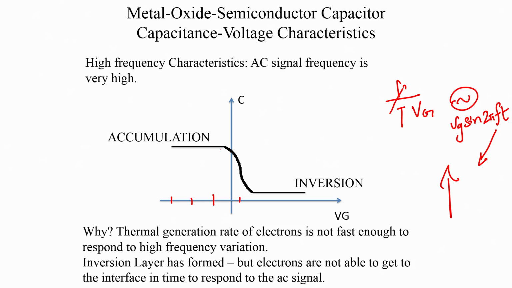When the MOS is in accumulation mode, the holes have to respond to this high frequency AC signal, and there are plenty of holes, abundantly available, and there is a band bending which encourages holes to appear at the interface, and the holes easily respond to this charge. So, the accumulation mode capacitance will not change, it will be exactly like your low frequency capacitance curve, and that will be your Cox, which is epsilon ox by Tox.